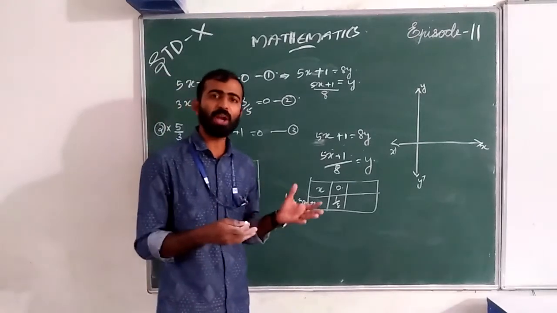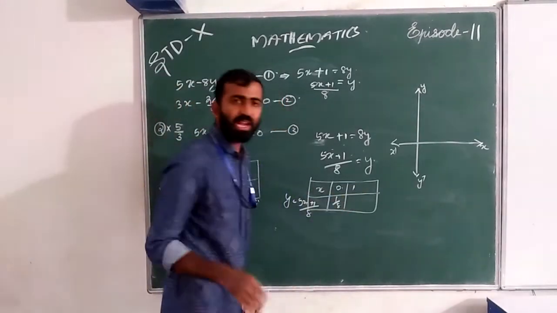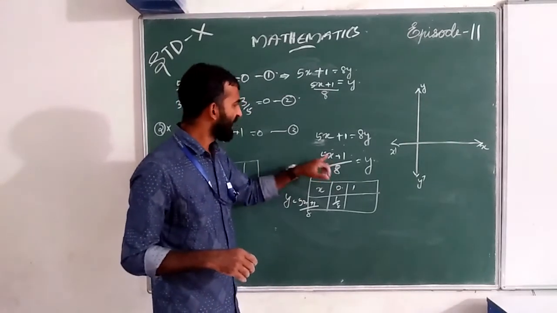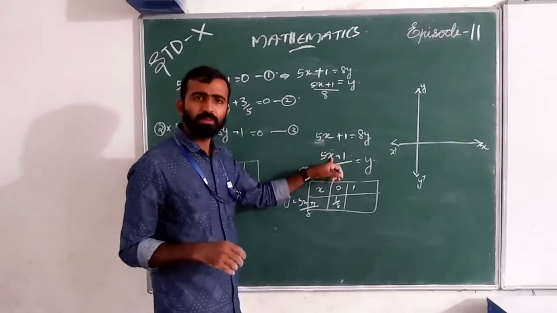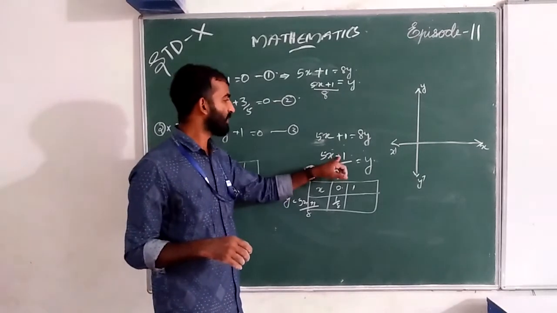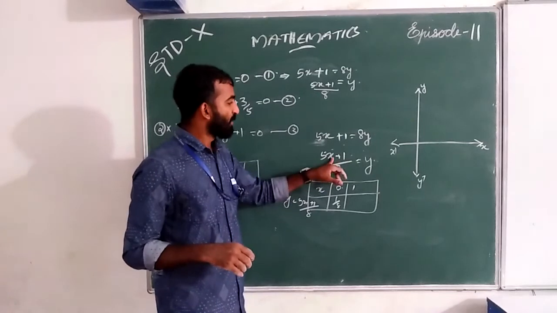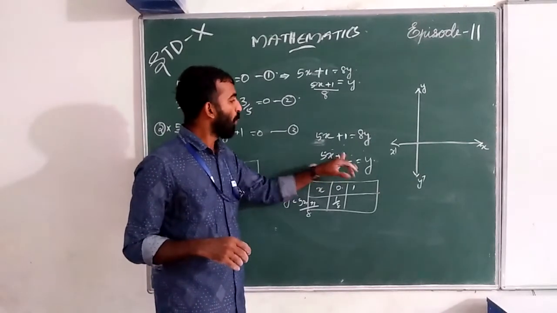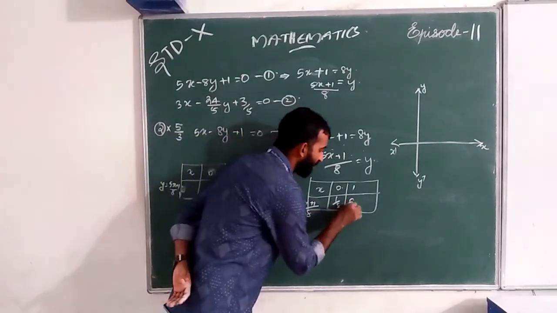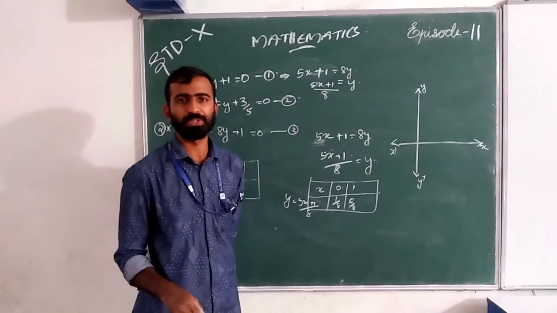When I take 1, I get 5 into 1, that means 5, and 5 into 1 plus 1, that is 6. So 6 by 8.